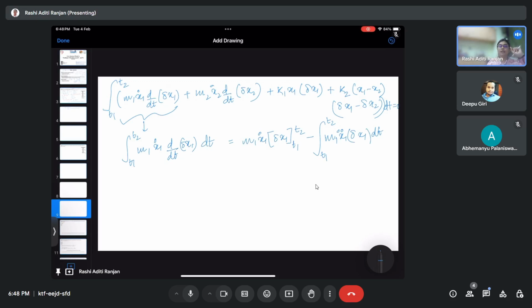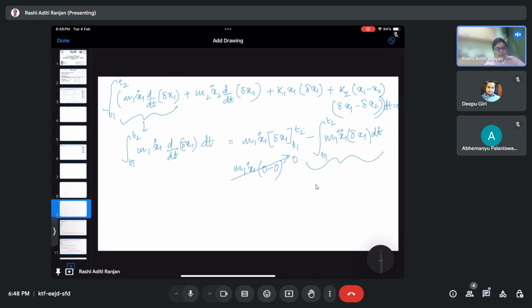So at T1 and T2, the value of delta x1 is what? They're equal to 0. So we have m1 x1 dot times 0 minus 0. This goes to 0. So I just have this term remaining, right?